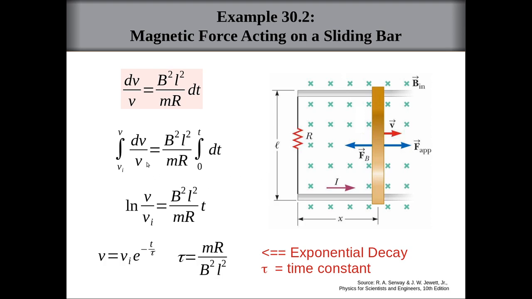And the integration of 1 over velocity is giving you a logarithmic term. And the integration on time just gives you the time. And you can convert the logarithmic terms into regular numbers by taking the power of exponentials.